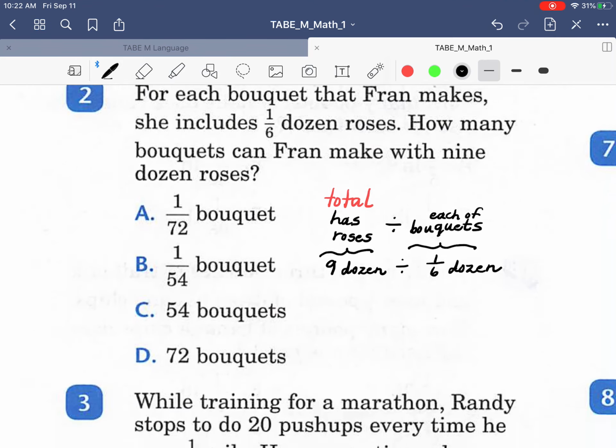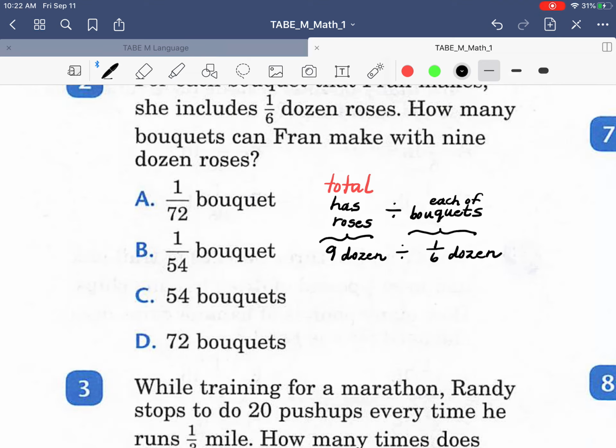So here we go. We're going to say 9 over 1 divided by 1/6. 9 over 1 times, flip this one. You never bother the leader. The leader never changes. You flip the fraction that follows.